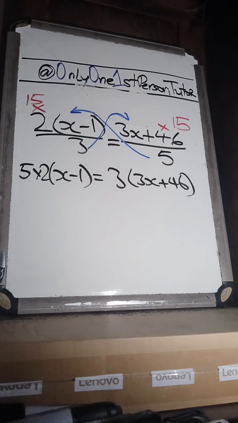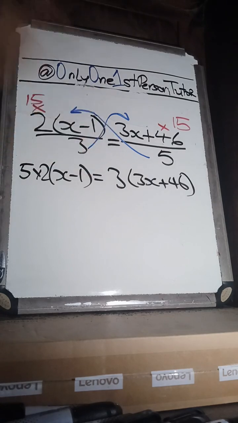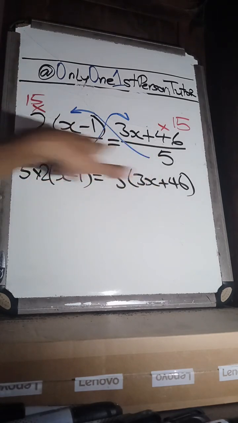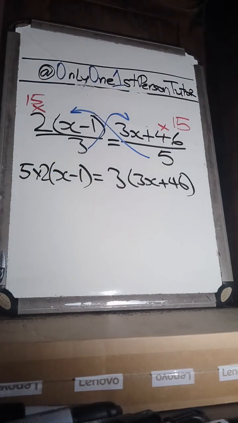So the safest thing to do, once you have this, you can cross multiply, or you take the LCM, whatever that is, 3 and 5, that's 15, you multiply it by the left, multiply it by the right. Whichever way makes you more at peace.